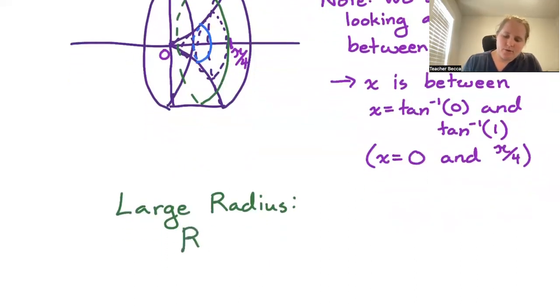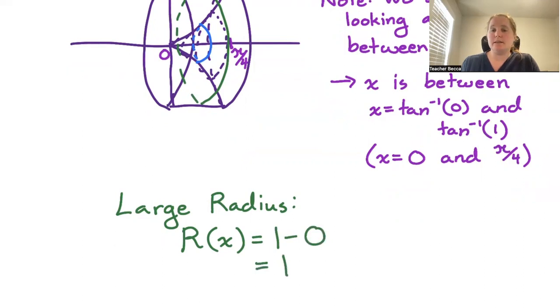So our capital R of x is just 1 minus 0, otherwise known as 1. That large radius is a constant 1.